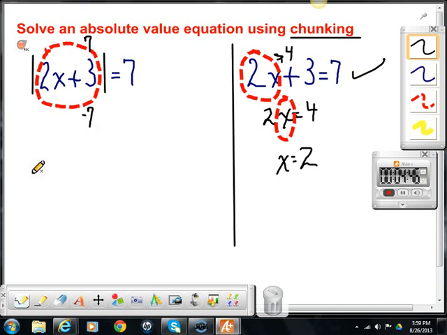So let's solve two problems. Our chunk, 2x plus 3, can take on the value of 7.